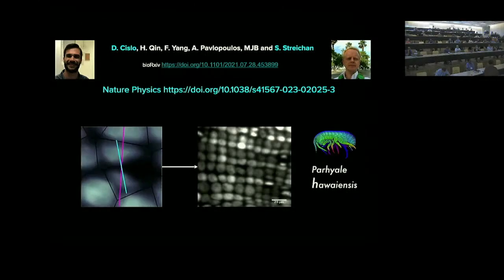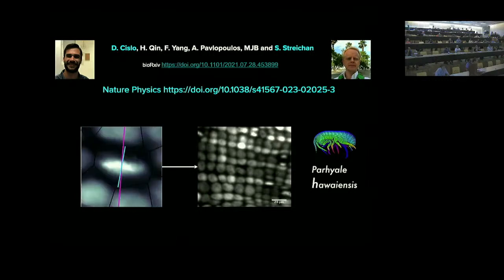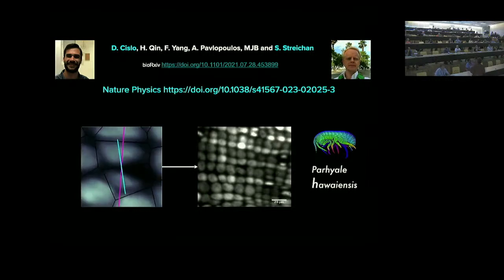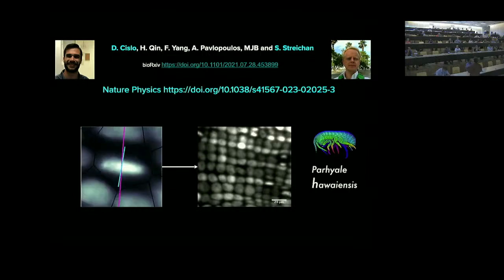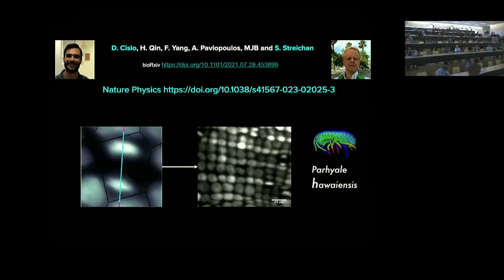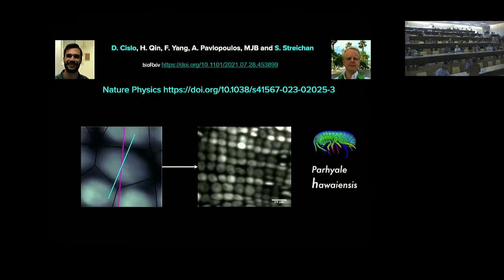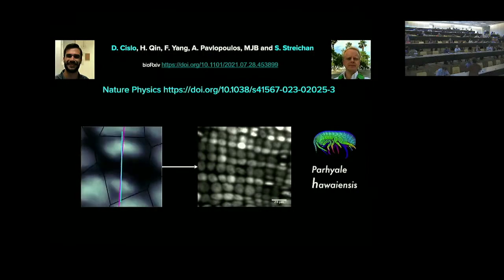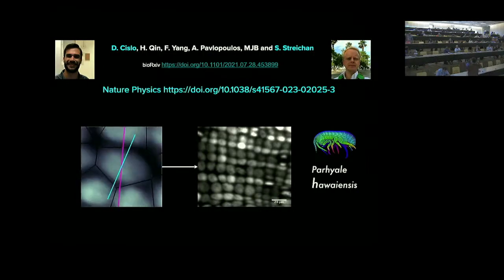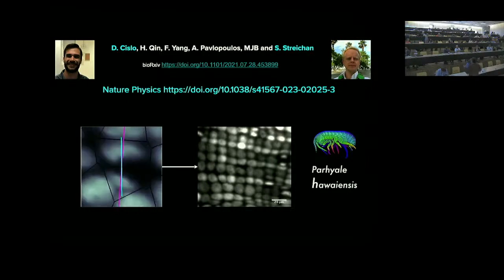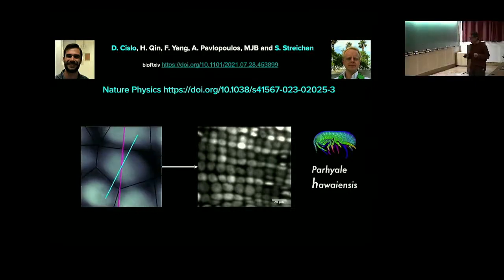And the idea is to see, in a model developmental system, which is a shrimp shown over here, what kind of order may be present in a highly non-equilibrium system that can later drive a body template, leading to the formation of limbs, legs, and large-scale structure for this organism.